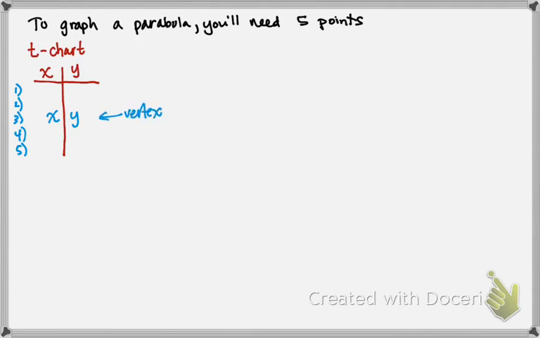Okay? Because what we want to do is choose x values that are an equal distance to the right and to the left of your vertex, and you'll see why in a minute. You got to trust me on this one. This is totally awesome.